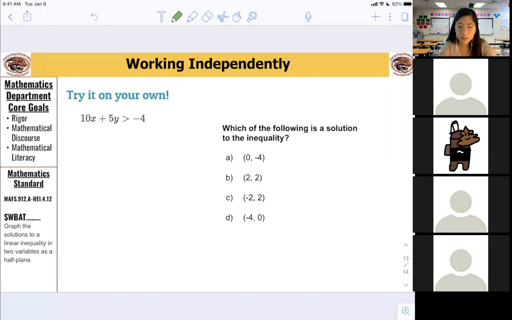You can send me your answers in the chat, and I'm going to go over the correct answer, but I will also go over one incorrect answer. So if you got it wrong, I can show why it's wrong.